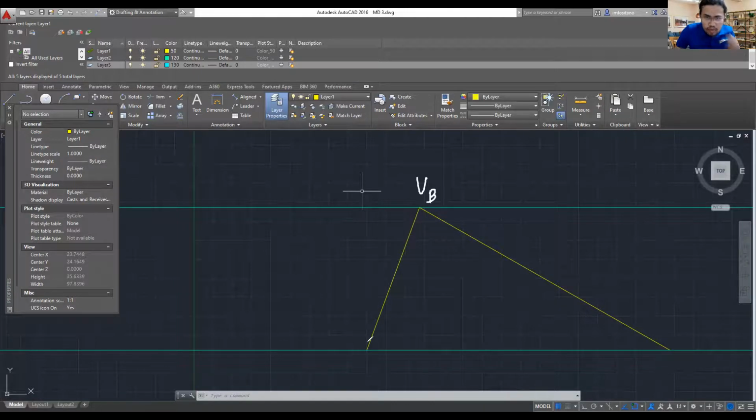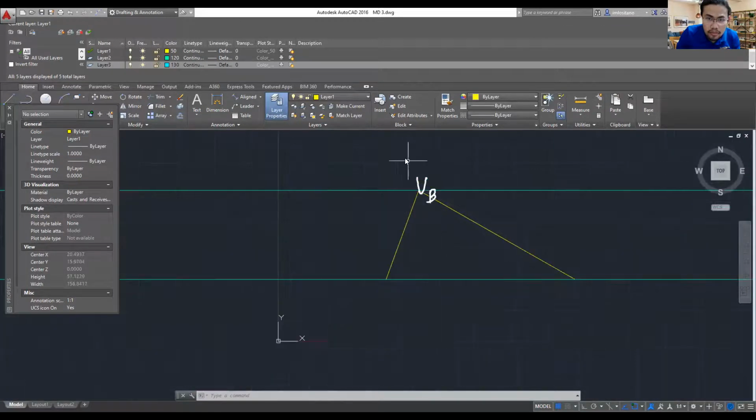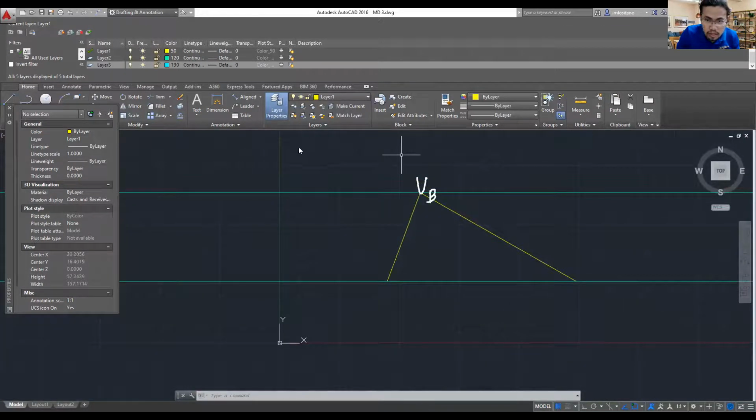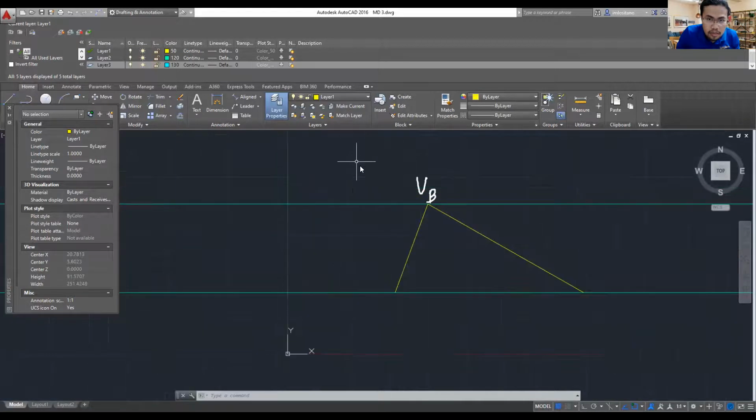So we create a line that could be in the same magnitude as this one. Let's try to do that.